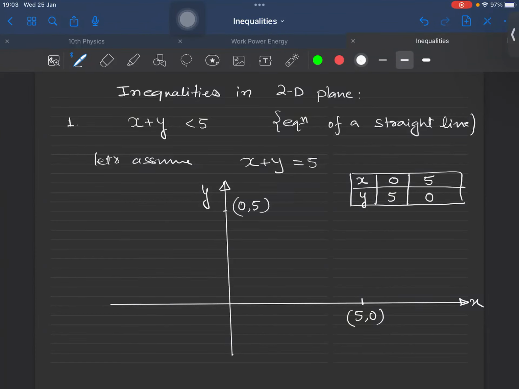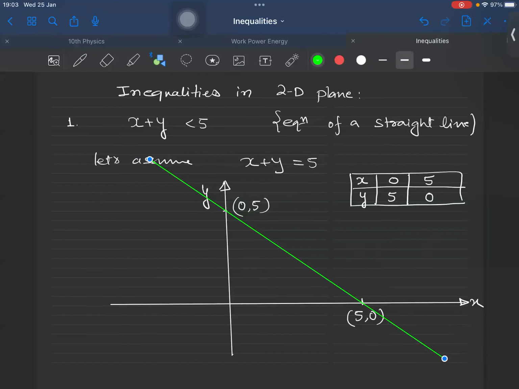These are the 2 points we are getting. Whatever straight line we get will pass through here, right? So let's plot this straight line. This is the straight line that we are getting.